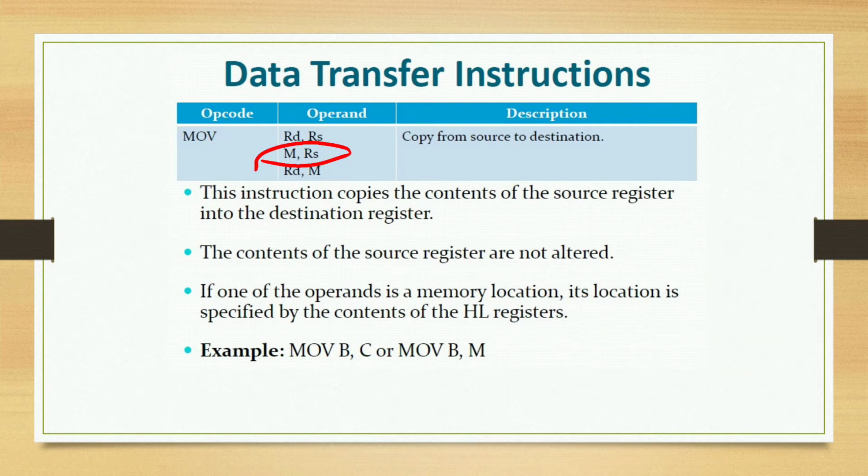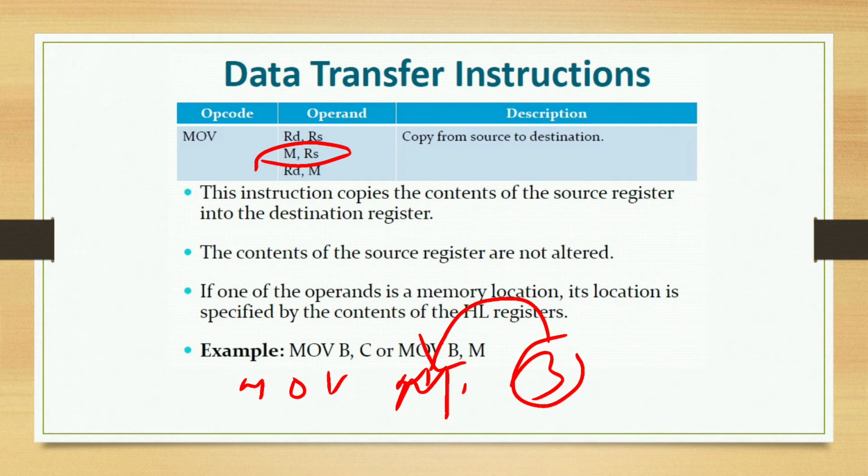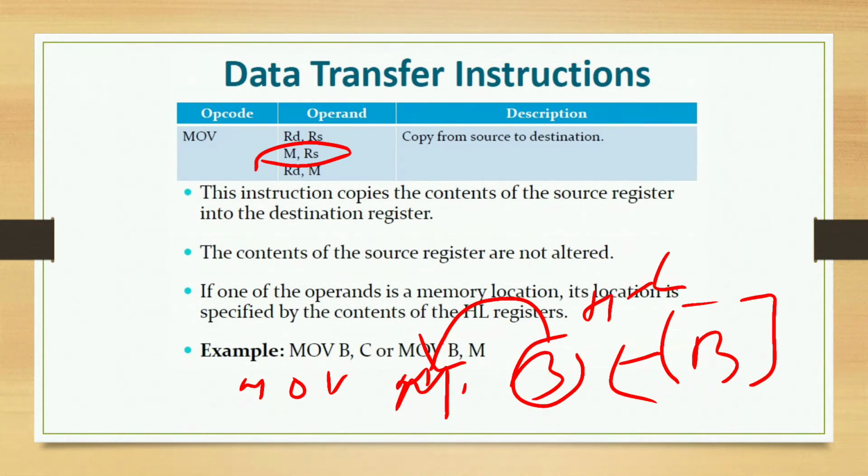MOV M, RS means move to M from RS, the source register. Suppose B register, MOV M, B. In this instruction, content of the B register is transferred to the memory location whose address is in the HL pair.